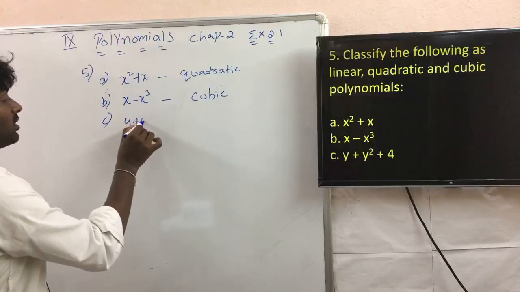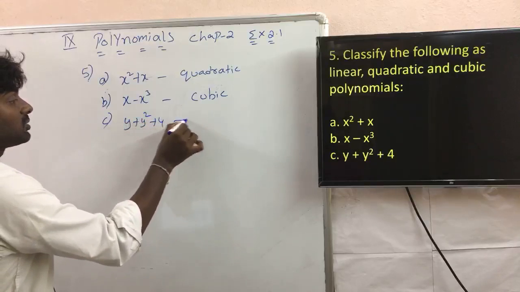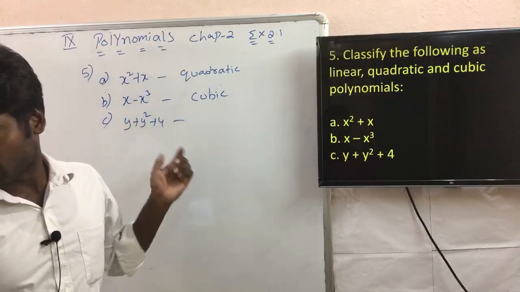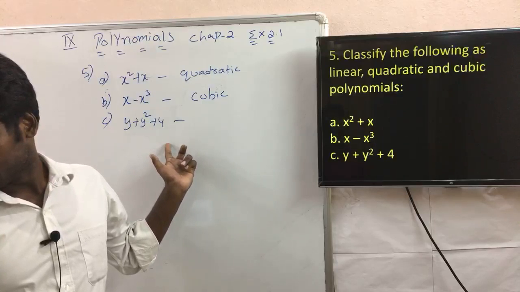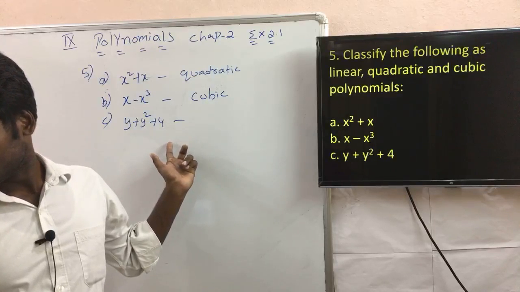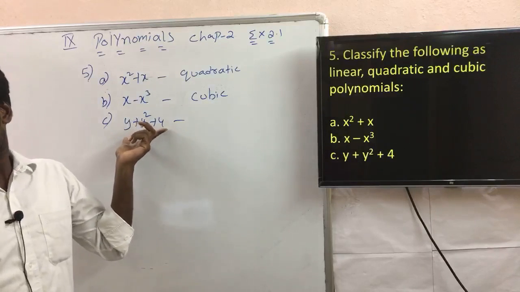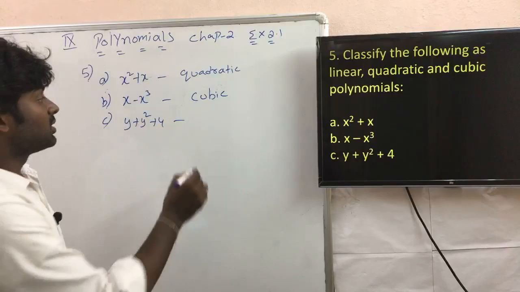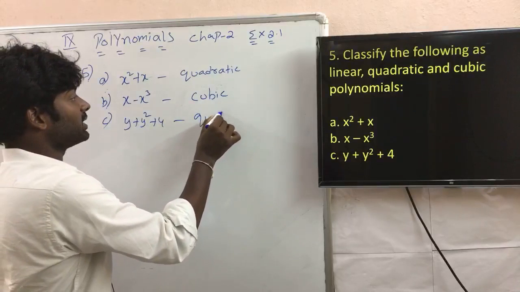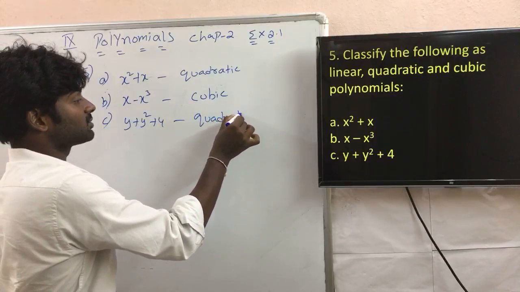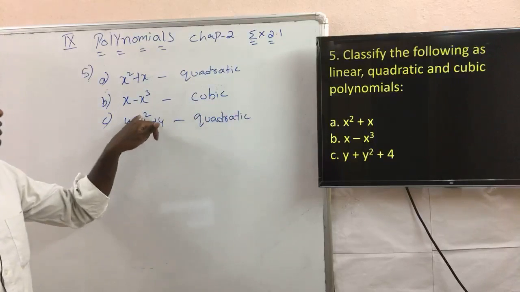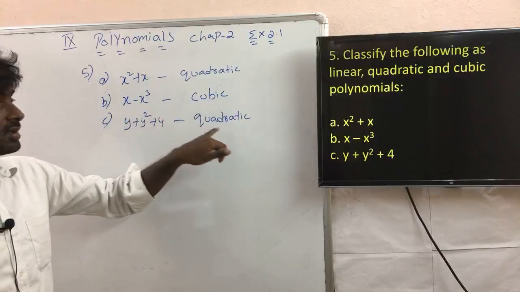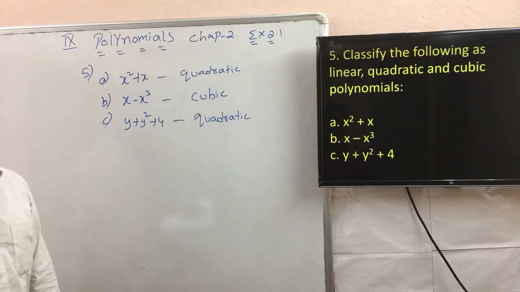Go for the next one. y plus y square plus 4. It is quadratic, because the highest power is 2, nothing but the degree is 2.